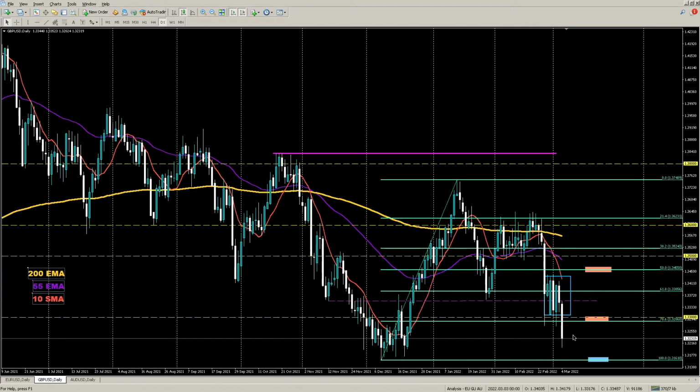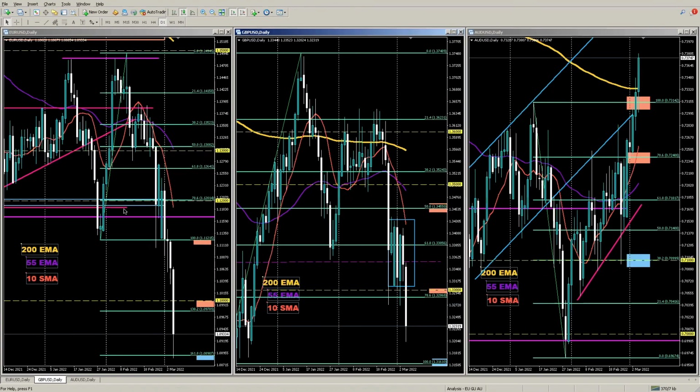Okay, so the pound is doing better than the euro. So if we do a correlation, the euro against the pound is going to drop down lower. So that cross pair, you'll be able to see that.